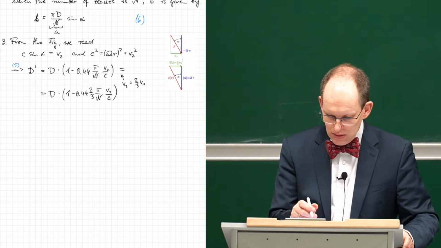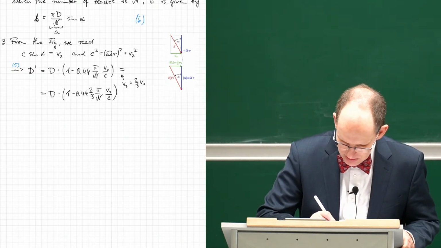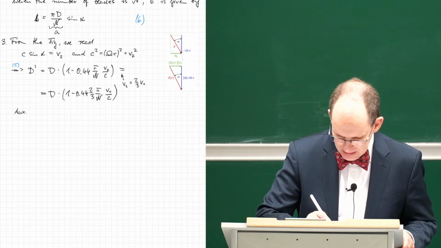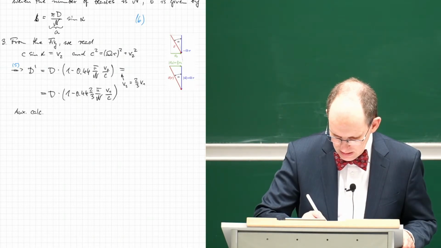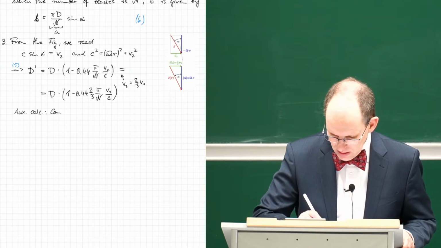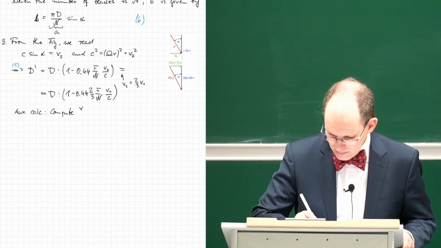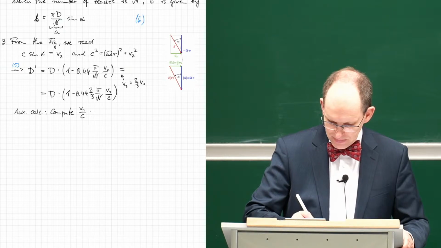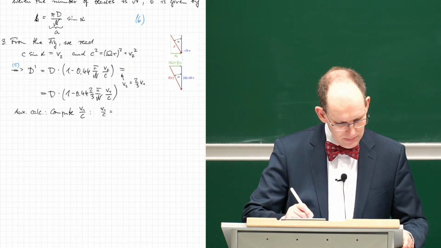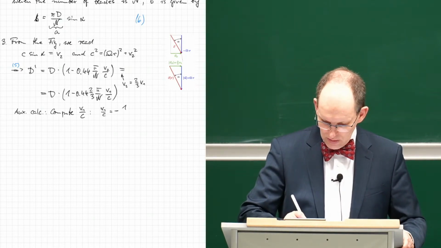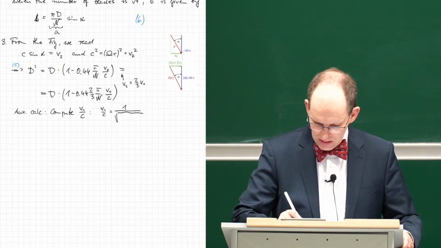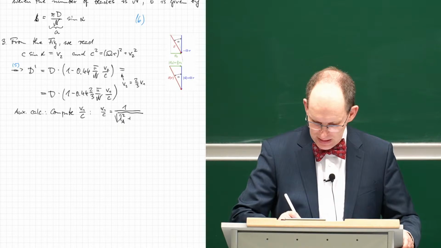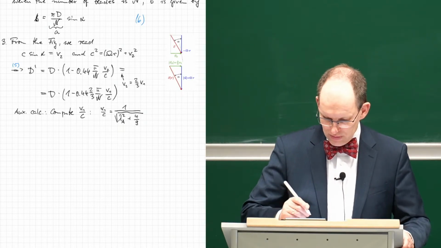And what we do next is to calculate in a short auxiliary calculation this ratio V1 over C. And what we find is V1 over C is equal to 1 over the square root of the tip speed ratio squared plus 4 over 9.